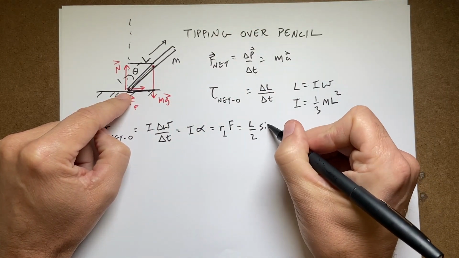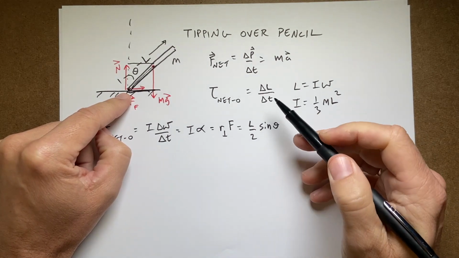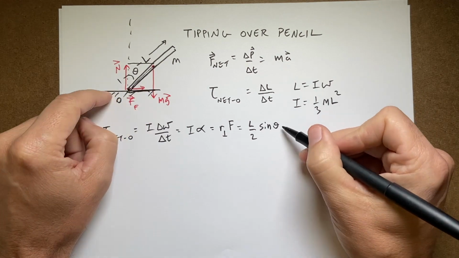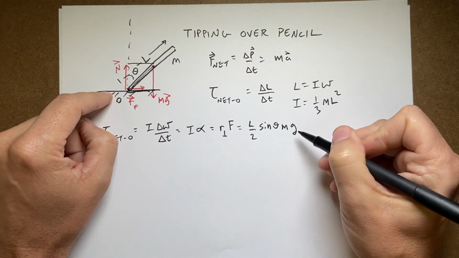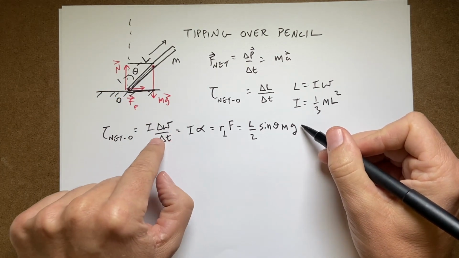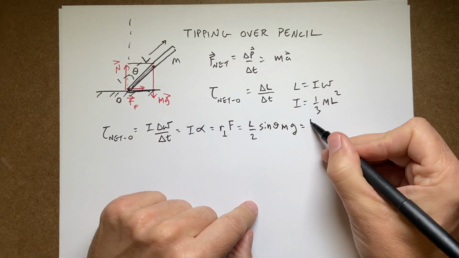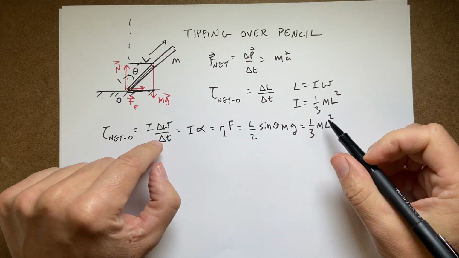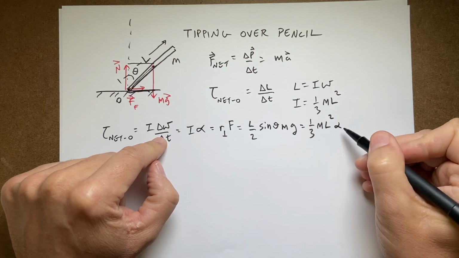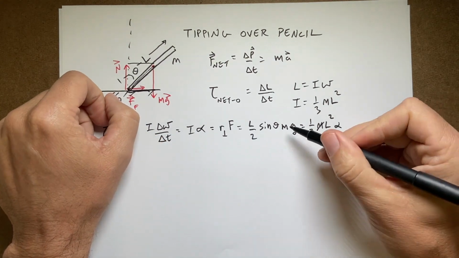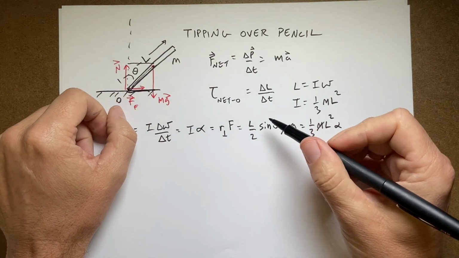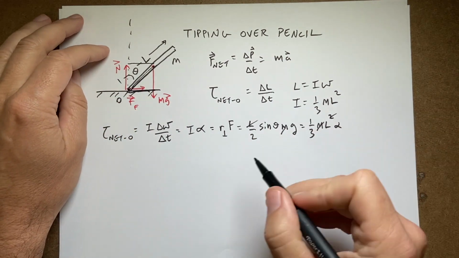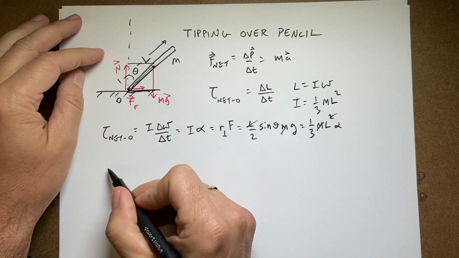Almost made a mistake. Sine theta, that's the R, and then the force is mg. So that's the torque, and I'm going to put over here equals 1/3 ml squared, that's I, and then alpha. The masses cancel. And one of the lengths cancel, but not the other. So if I solve this for alpha, I get the following.